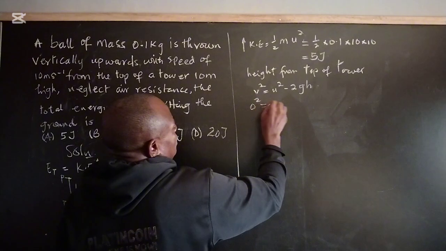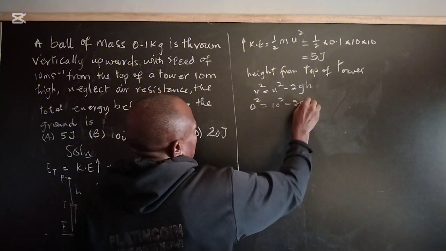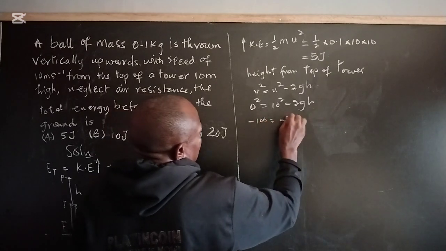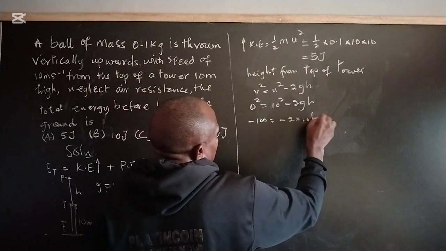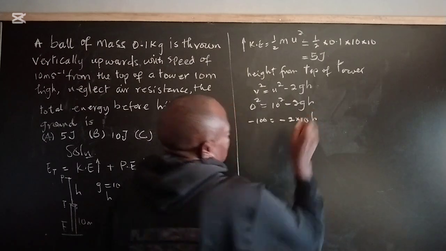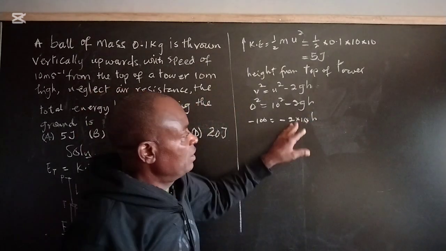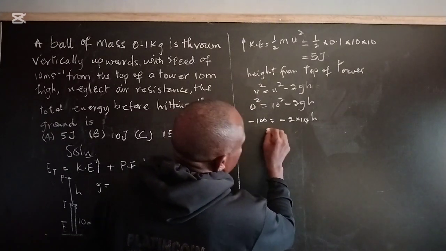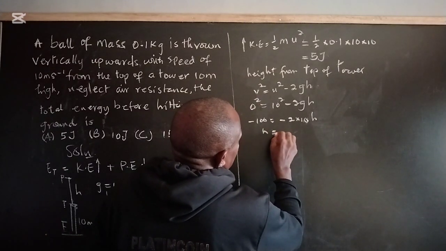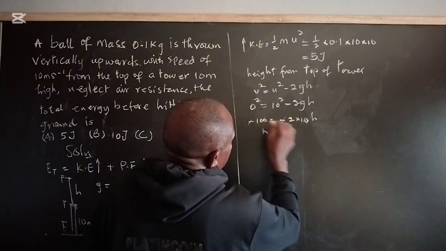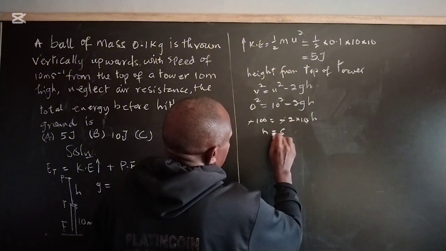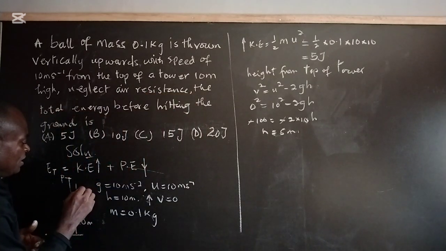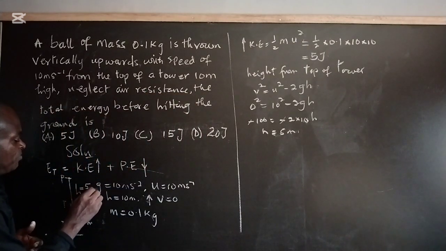So we have 0 squared equals 10 squared minus 2gh. If we bring this, we have minus 100 equals minus 2 times 10h, because acceleration due to gravity was given to us as 10 meters per second squared. If we evaluate this, our height is equal to 5 meters. What it means is that this height above the tower is equal to 5 meters.